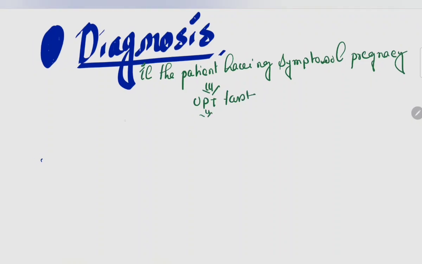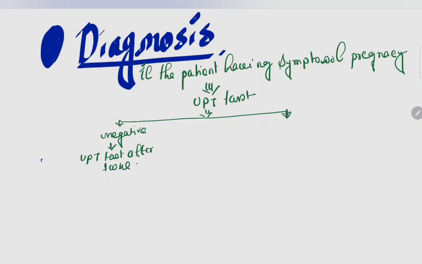If the UPT test becomes negative, patient can repeat the UPT test after 1 week. After 1 week, if the UPT test is negative, it means patient is not pregnant.